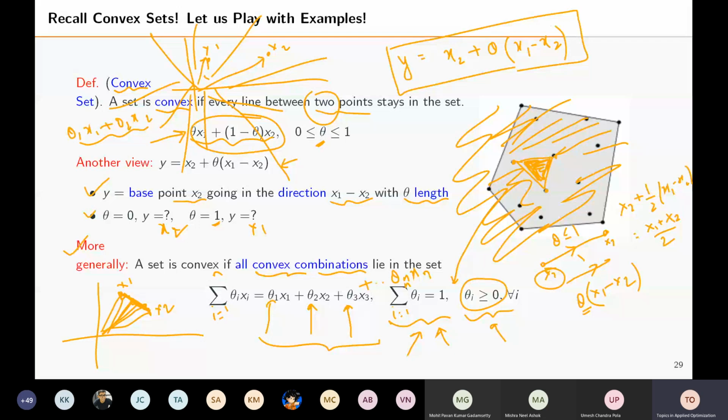You can play with this. You can write a computer program if you are not sure, and plot these vectors for various values of theta. You can also play a little bit more. For example, remove the upper bound of theta less than or equal to 1, and just put a lower bound, theta greater than or equal to 0, and plot these things.